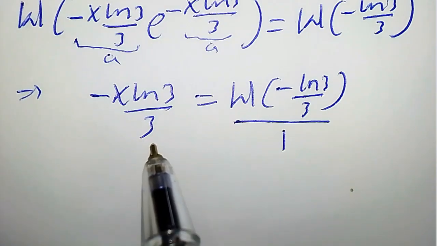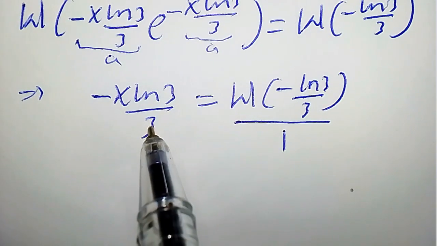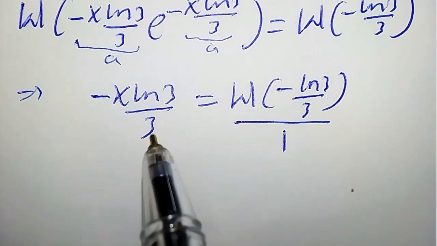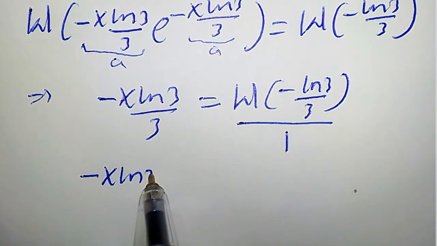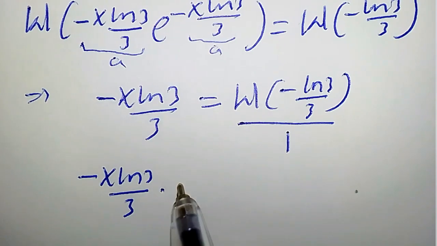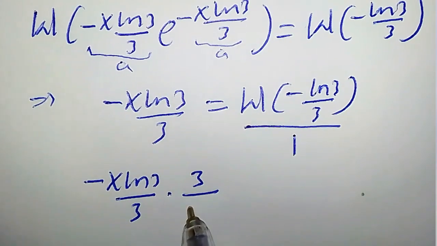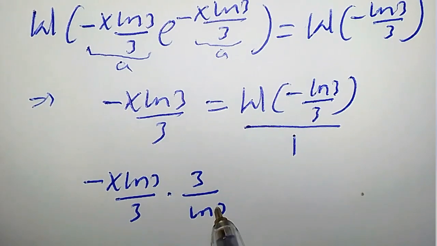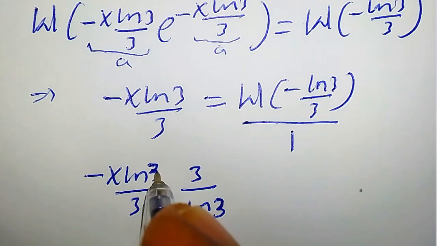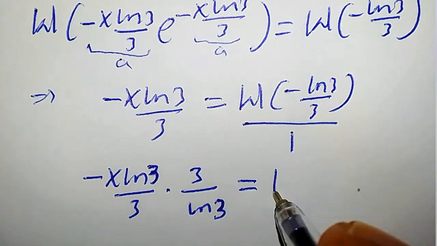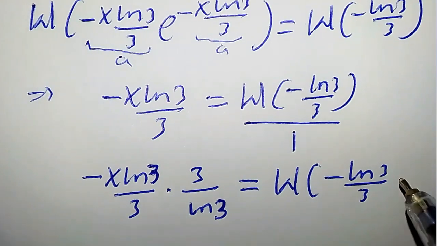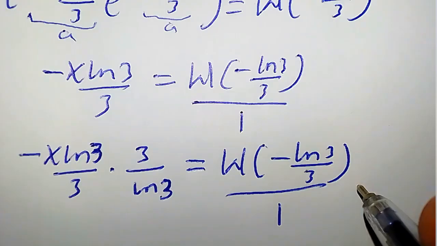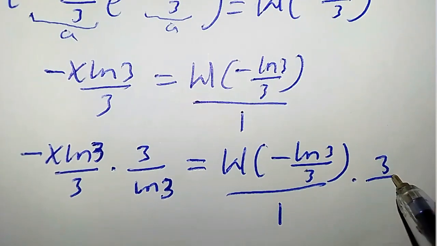Now, to get rid of ln 3 over 3, let's multiply both sides by the inverse of it. So we're going to have negative x ln 3 over 3 times 3 over ln 3 equal to W of negative ln 3 over 3 over 1 times 3 over ln 3.